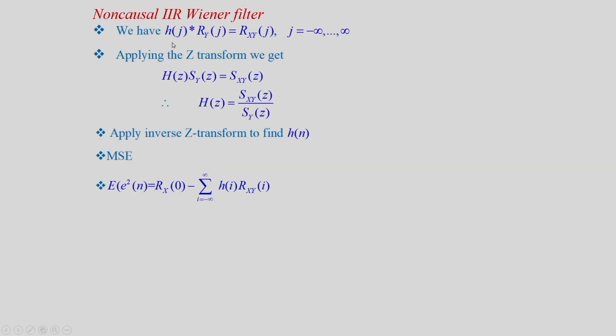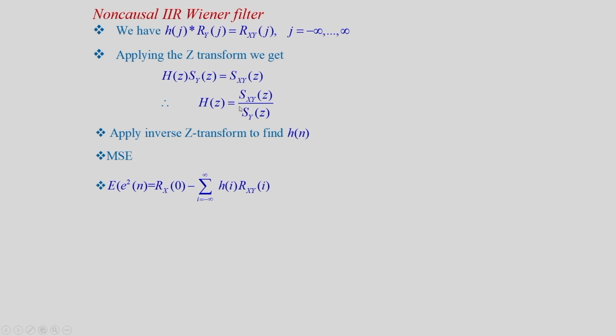So, the non-causal IIR Wiener filter is therefore given by h(j) convolved with Ry(j) equal to Rxy(j), j going from minus infinity to plus infinity. Then applying the Z transform, we get H(z) S_y(z) = S_xy(z).